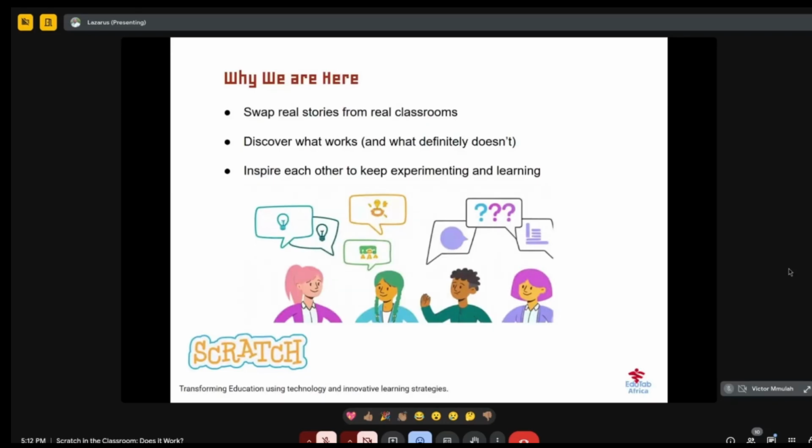You've had a lot of experience with using Scratch or maybe Scratch Junior or various other forms of creative learning, and that's why we're here today, to hear that experience and also learn what works and maybe what doesn't work in teaching Scratch or teaching using Scratch. We are hopeful that this will inspire us to continue experimenting and learning new things.